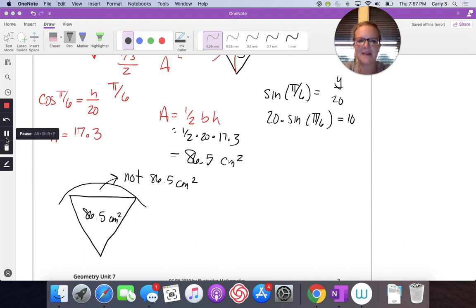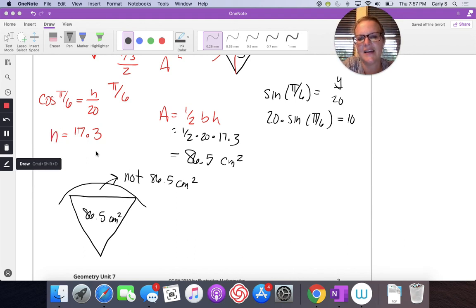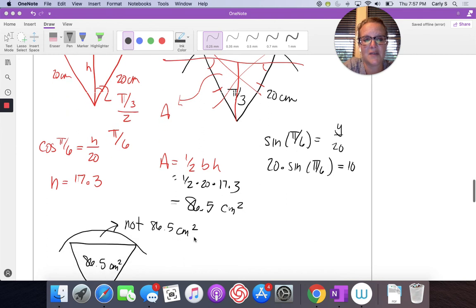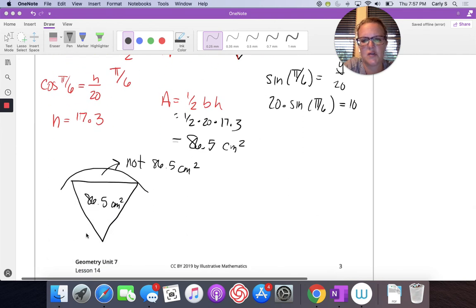So if I continue on here, you see the area of the slice with a radius of 20 centimeters, just without the crust, is 86.5 centimeters squared, which I just redrew here. So 86.5 centimeters squared. And if I draw the crust on there, that is not 86.5 centimeters squared.